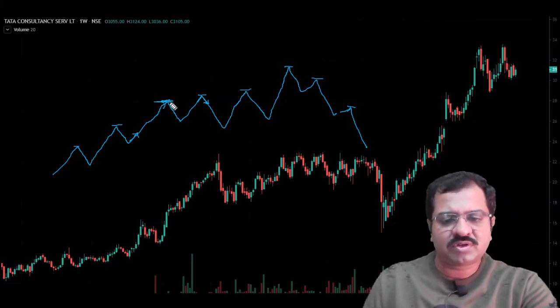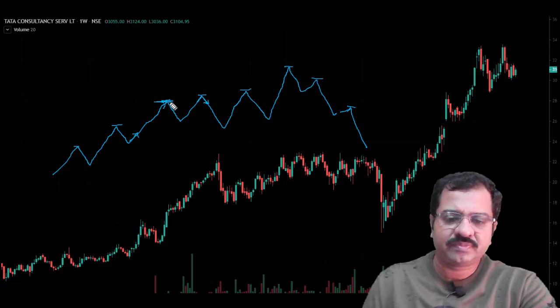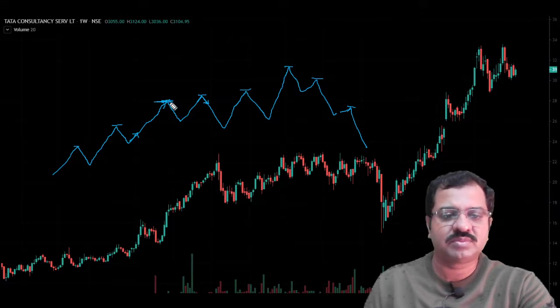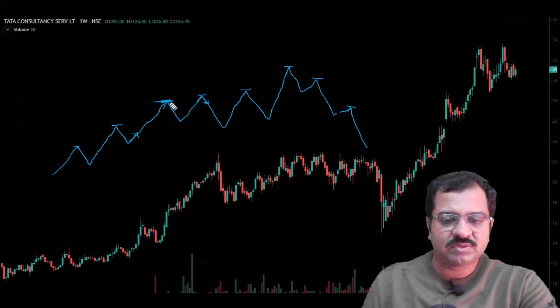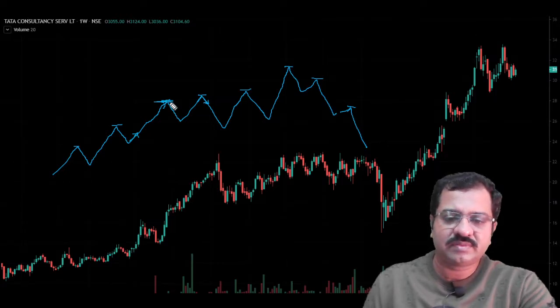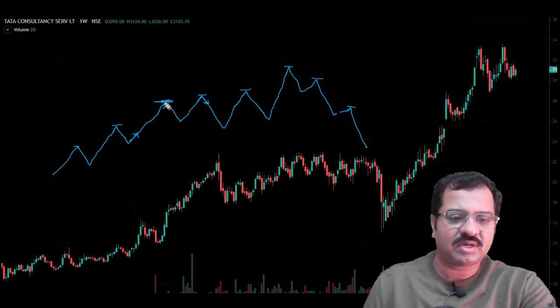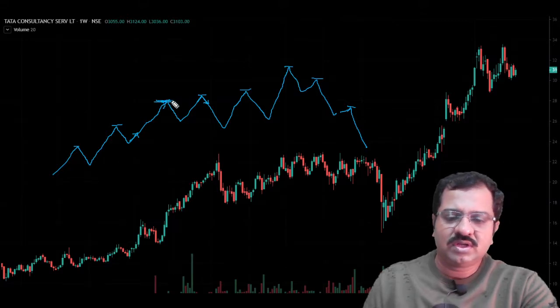But when price approached this point, the perception of buyers changed. What buyers think now is, okay, we bought this, but it is expensive now. And sellers think the price is expensive, we should sell. Or those buyers who were already in the stock think that price is expensive, now let's sell it.